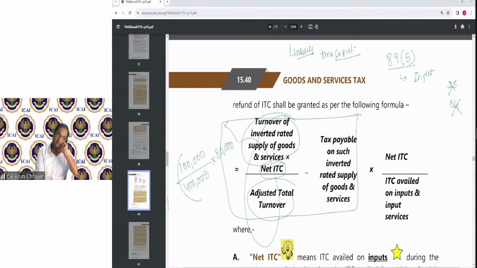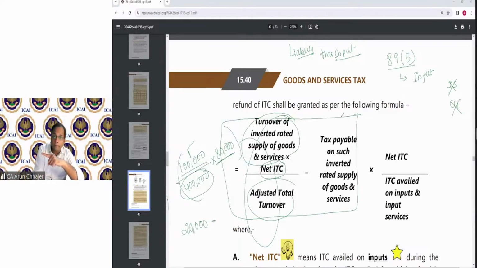Check. Total ITC is 80,000. I have taken the sale of my AMC as rupees 1 lakh. Total turnover is 4 lakh rupees and my ITC is 80,000. So I can say that 20,000 is the ITC pertaining to the outward supply of inverted duty structure.